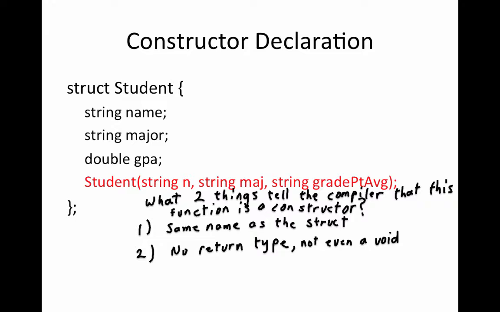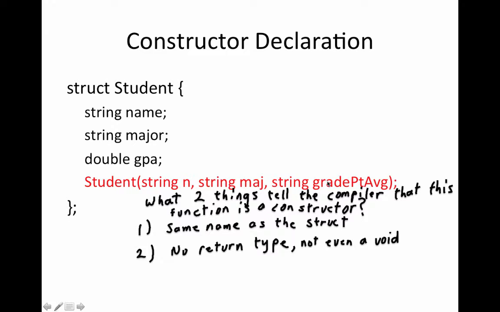In the struct, you only provide the function prototype. You do not provide the function definition. The function definition goes after main, just like all of your other function definitions. So in the constructor declaration, you only provide declarations. And just like any other function, you do provide the set of parameters to it.